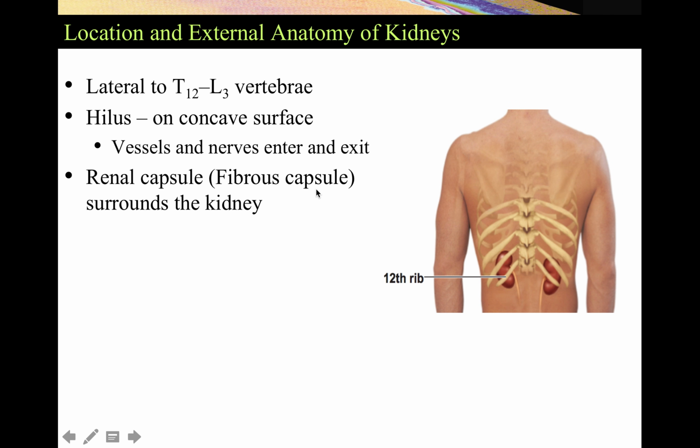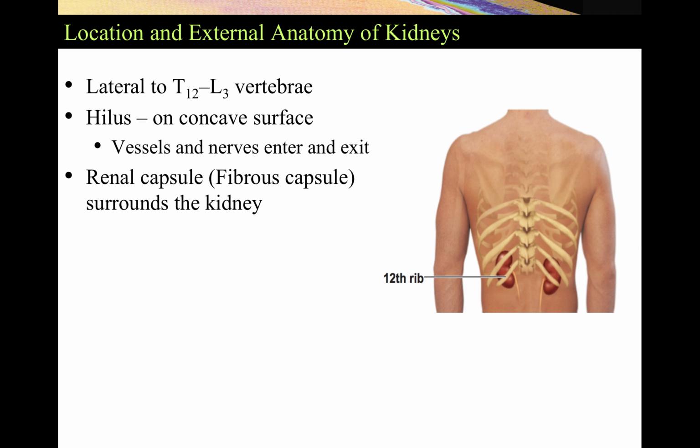In terms of protection, your kidney is partially protected by your rib cage. These are your floating ribs right here. This is your rib 12. You see the majority of the kidneys are protected. However, they are partially out and are protected by the muscular tissue that forms the posterior lumbar region of the body.